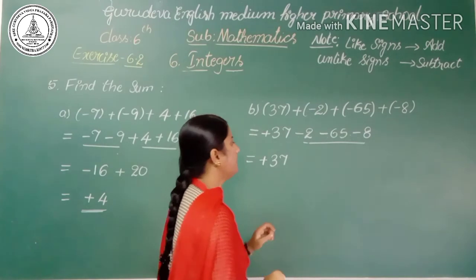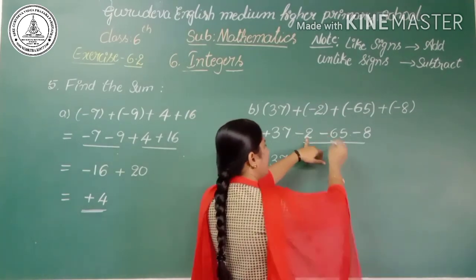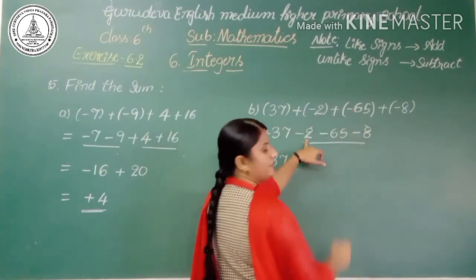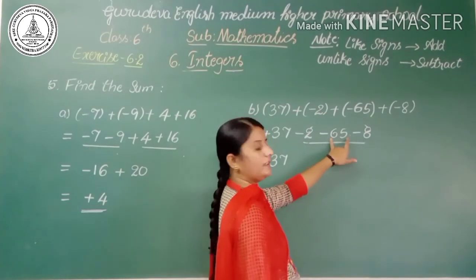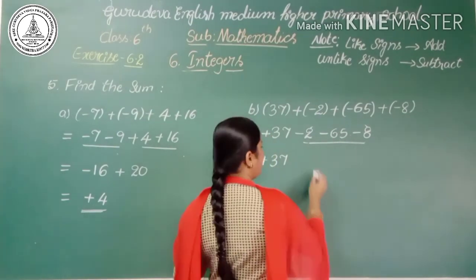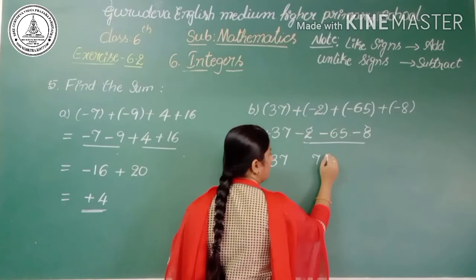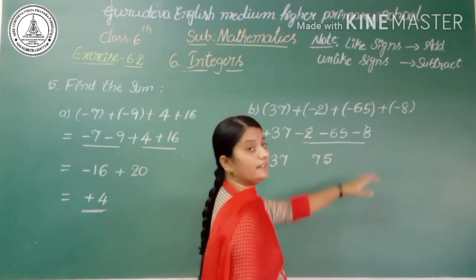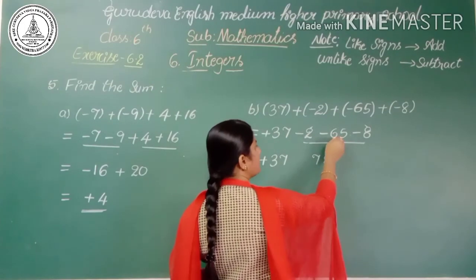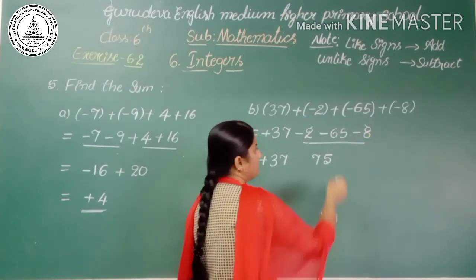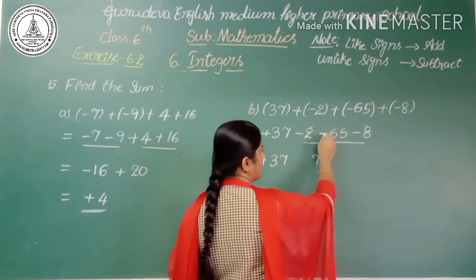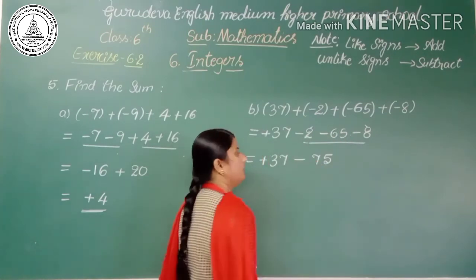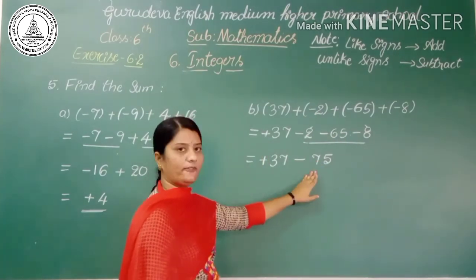Then add here 2 plus 8 is 10. 10 plus 65 is 75. Can you say which has the greater value among 2, 65, 8? Yes, 65 has the greater value. That sign is minus. We keep the minus as the prefix of 75.